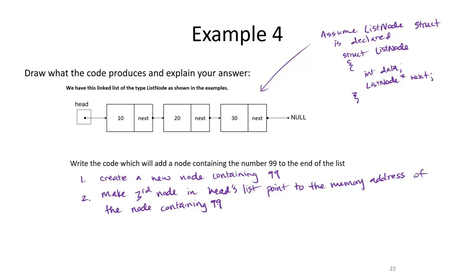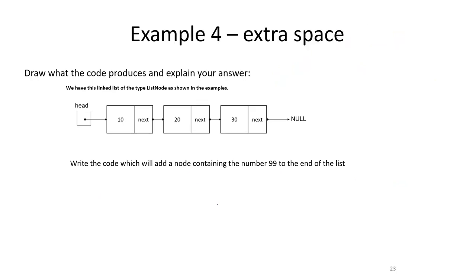So let's go ahead and give this a try. First, we need to create that new node. So to do that, let's go ahead and create that pointer. First we need to declare a pointer new node.